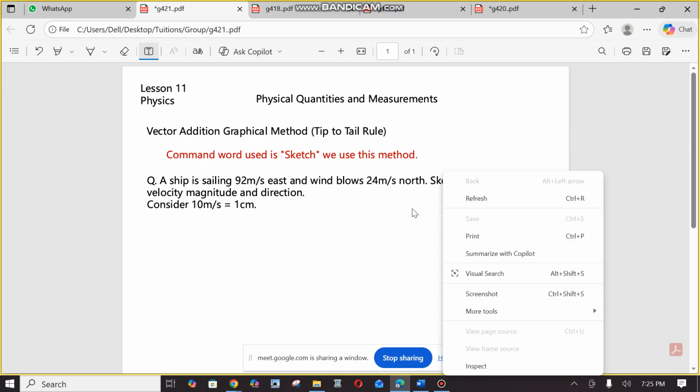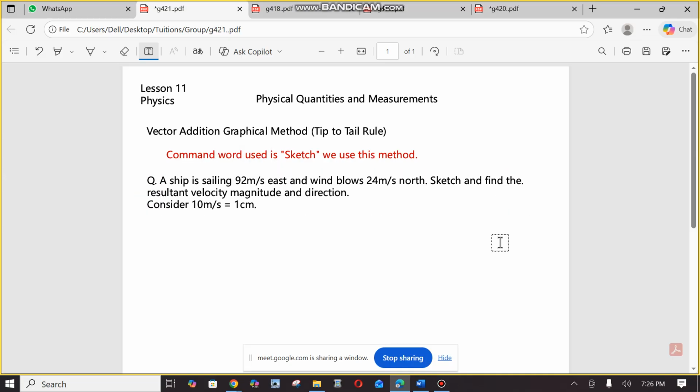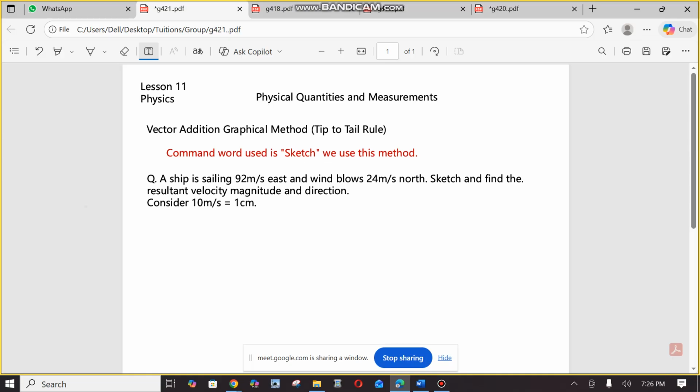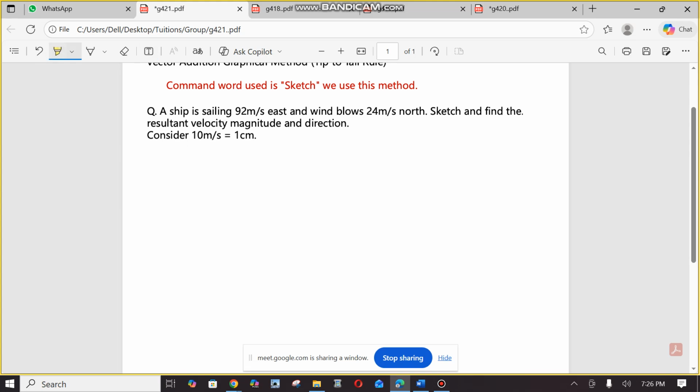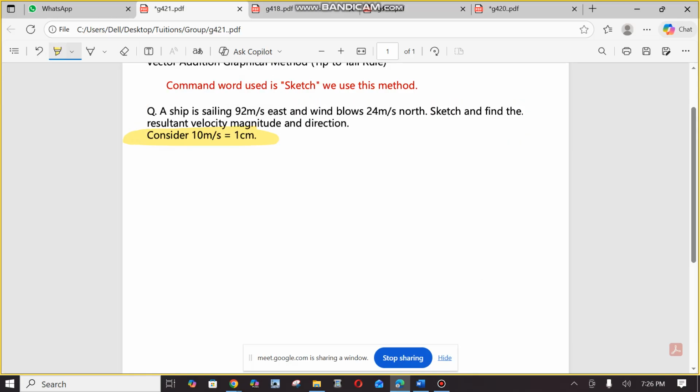So if they use the command word sketch, again, I'm going to reiterate that when it says sketch, then you will always be using the concept where we use the tip to tail rule. Sometimes they will give the scale in the question like they did in this past paper question. Sometimes they will not.